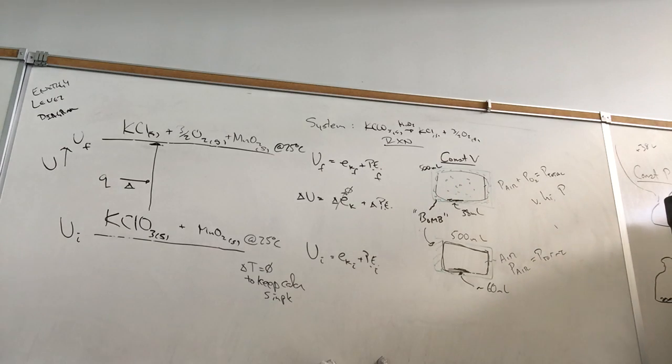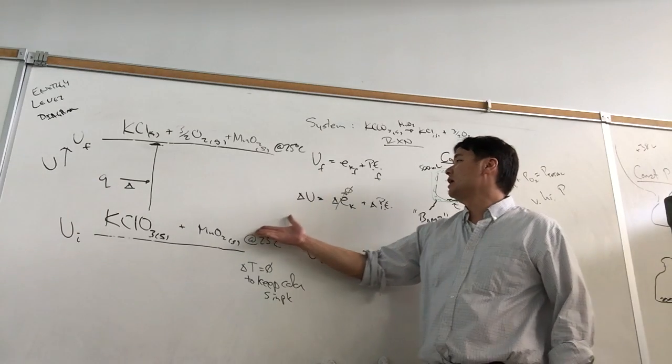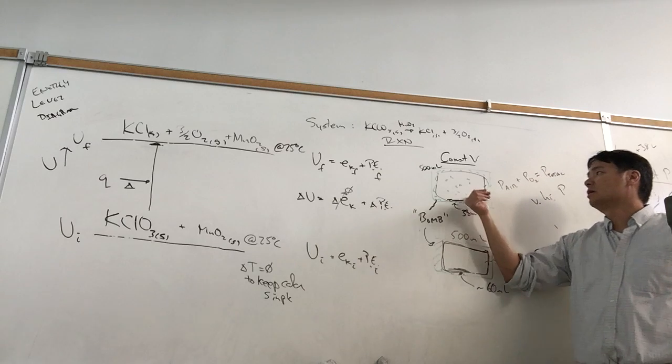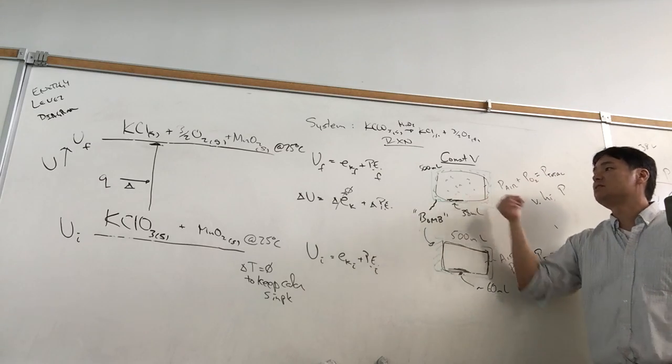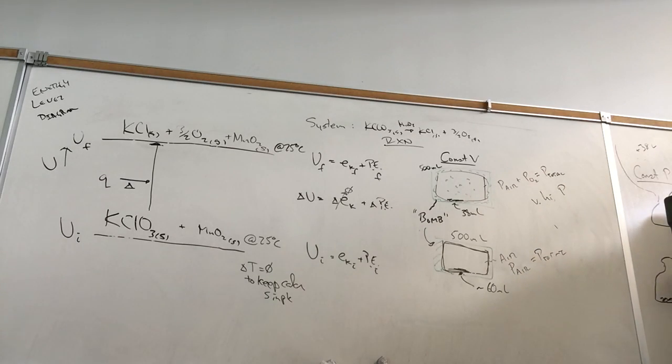Whereas if you do this under constant pressure conditions, then you've got to blow up this balloon. And so thermodynamics is really focused on energy. The amount of energy it takes to do it under constant volume is different than the amount of energy it takes to do it under constant pressure.